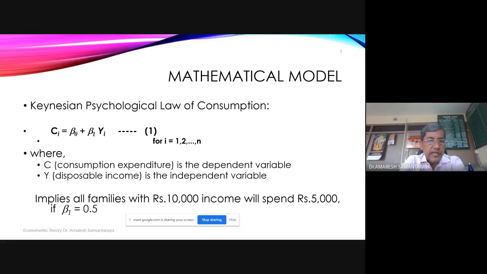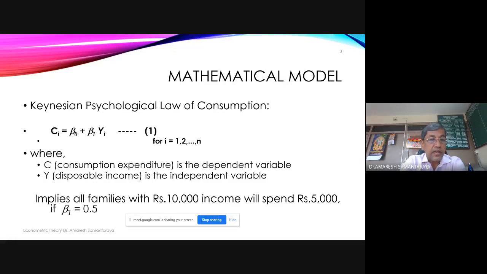So equation 1 here is a mathematical model. Now what is the drawback of the mathematical model? Mathematical models suggest that all individuals having a particular income will have the same consumption expenditure on an average.